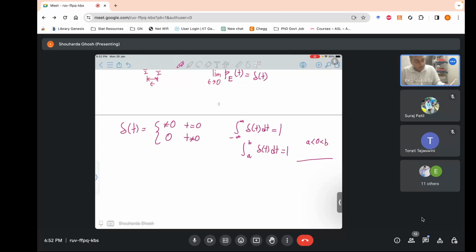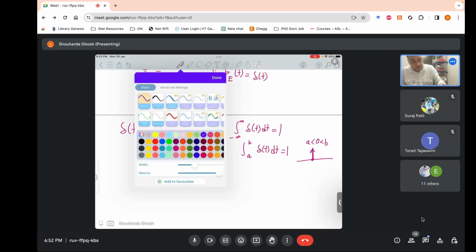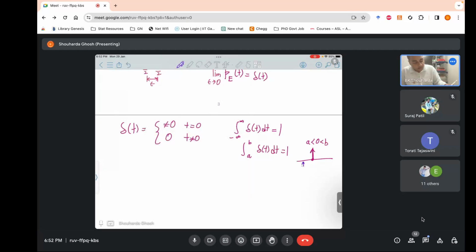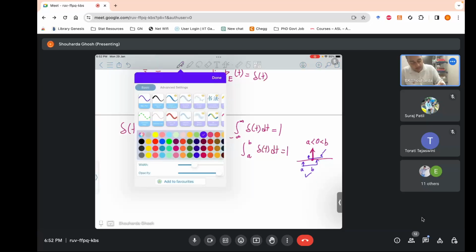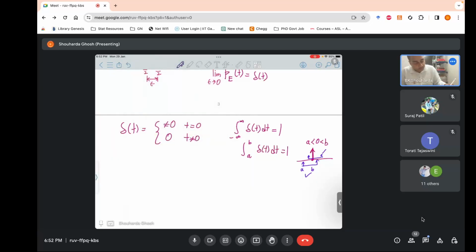So if my impulse is situated anywhere over here and my limits of integral are between here and here, I'll get a 1. But if I am somewhere here and here, I'll not get a 1, I'll get a 0 because I have not captured the impulse.